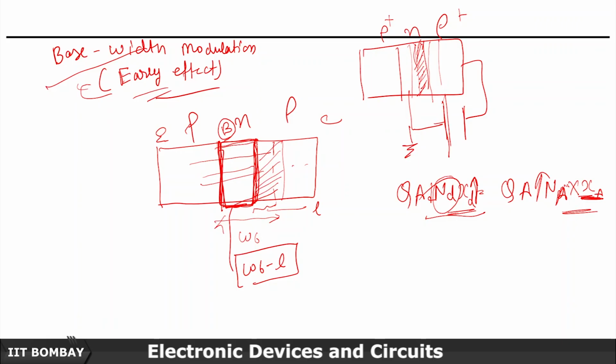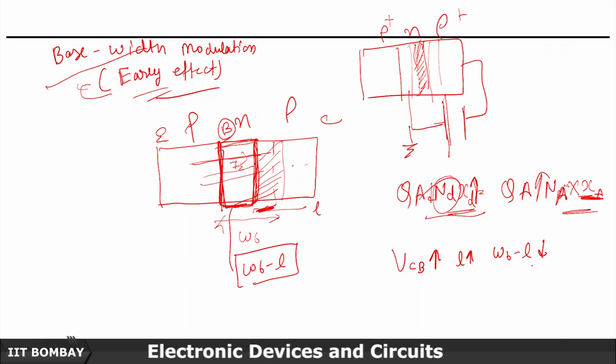Because the holes have to travel less distance as VC increases, your L is increasing and your WB minus L is decreasing.